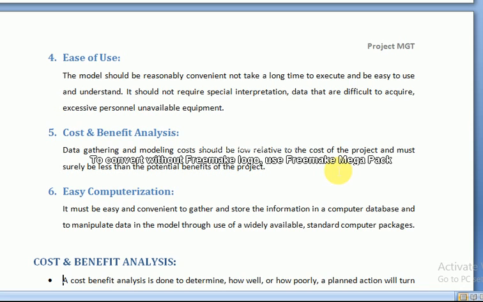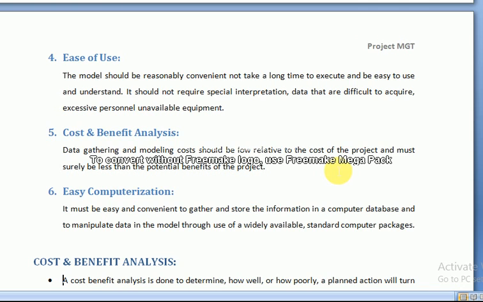First we gather the data, and on the basis of that data, the project manager will calculate all the benefits of the project and all the costs of the project, and then the sum of the cost is subtracted from the sum of the benefits.